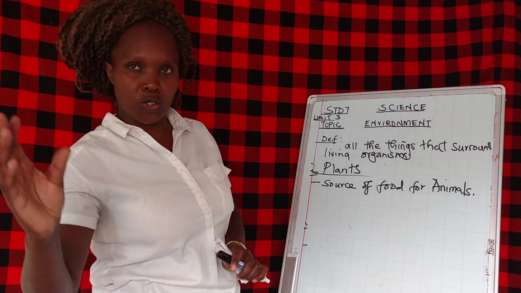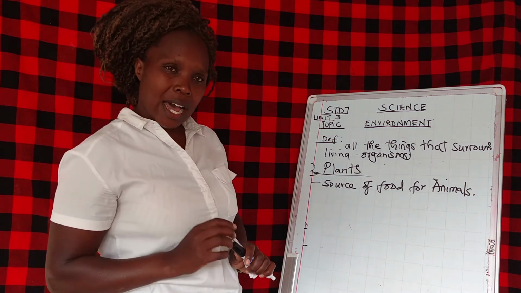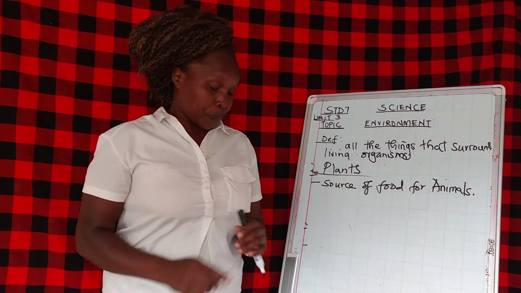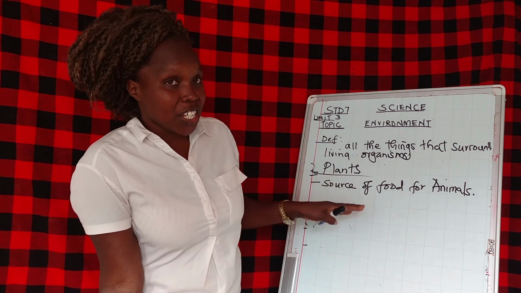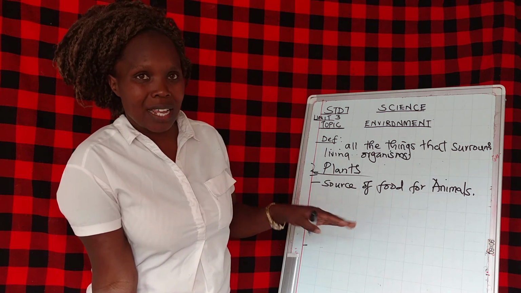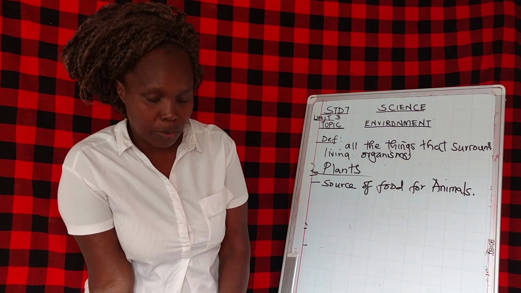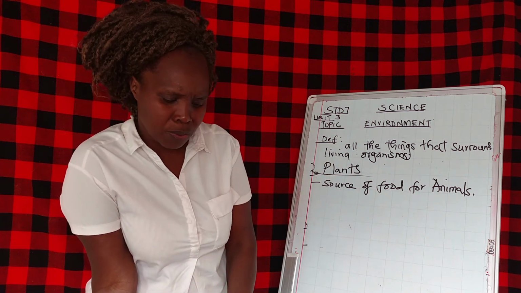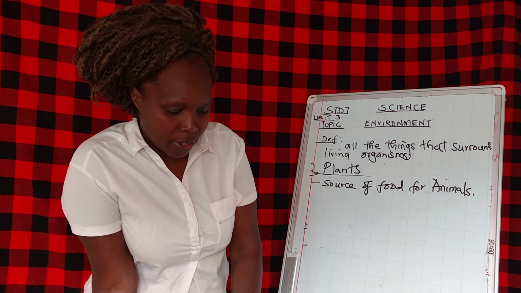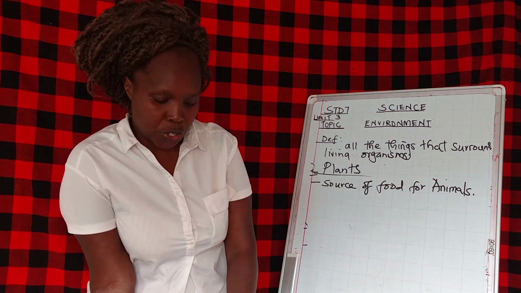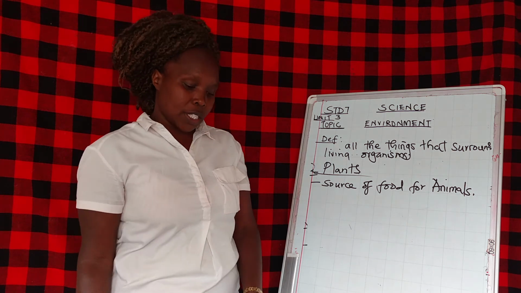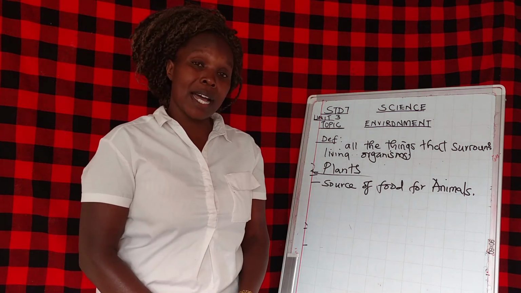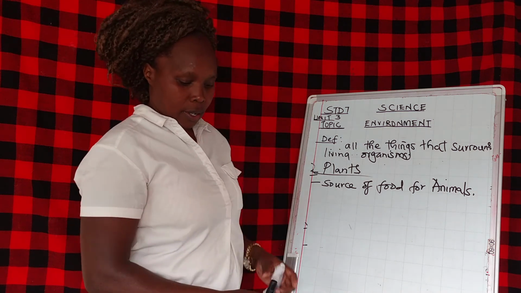So the plants are very essential to us and to other animals because we majorly depend on the plants for food. Plants give out oxygen during photosynthesis. The oxygen is then used by animals.